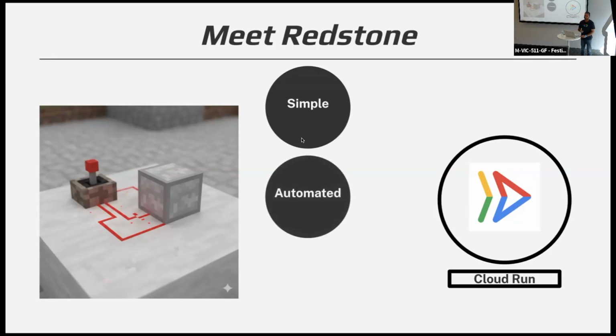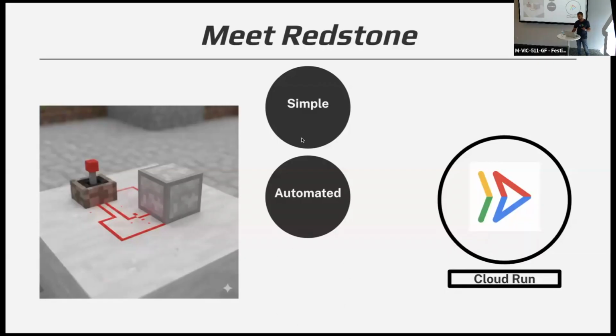It is fully automated, so you don't really have to manually work out the scaling up or scaling down of the instances or the services that run on Cloud Run. And as I was saying, if there is no one using your application or hitting the endpoints for your application, it scales down all the way to 0.